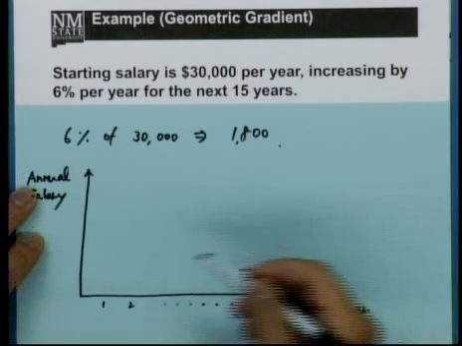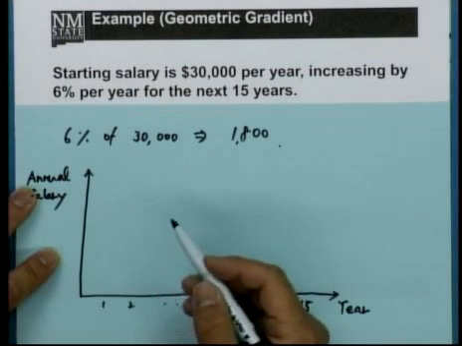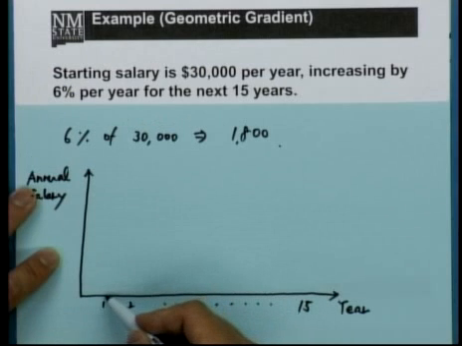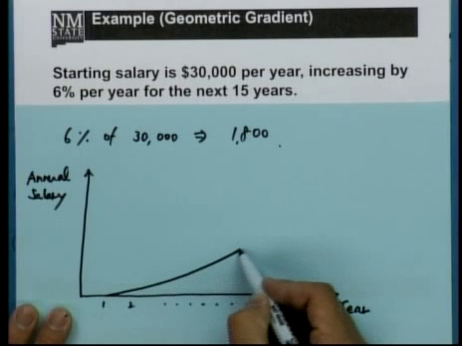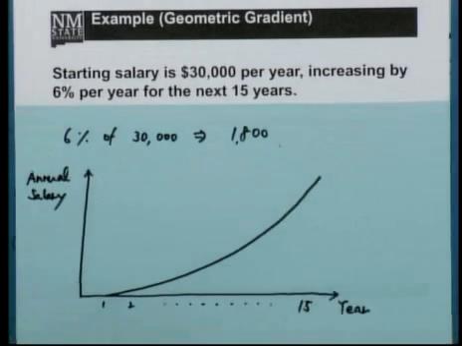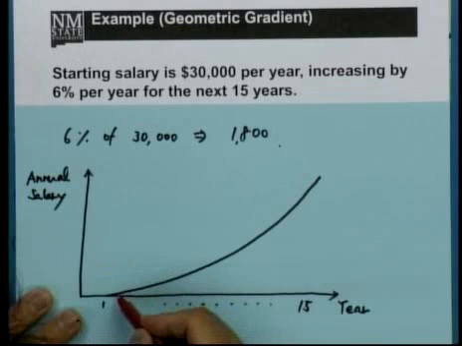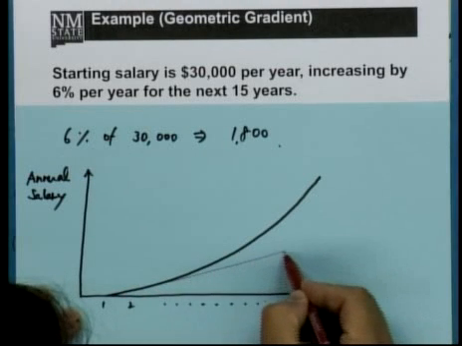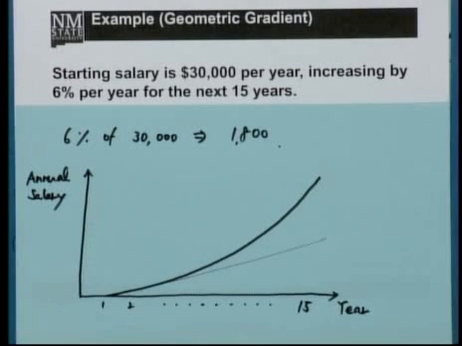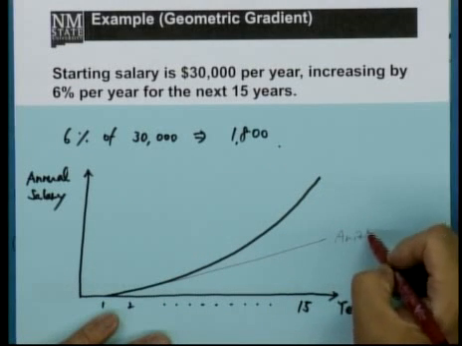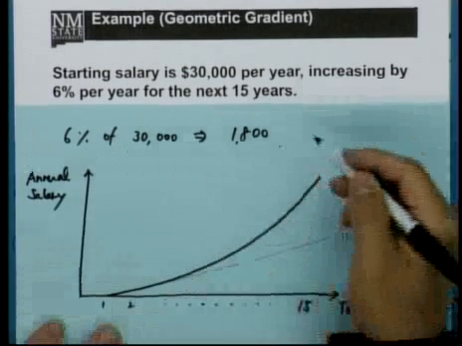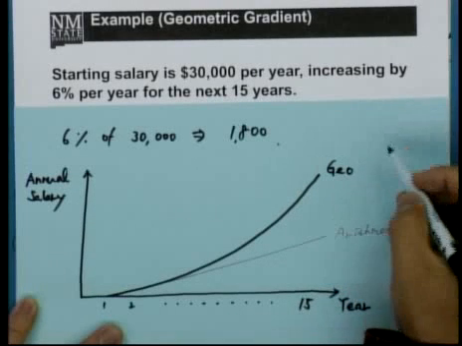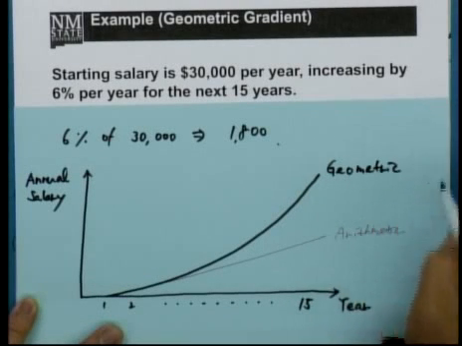And basically the geometric series would be something like this. While the arithmetic series would be something like this. Okay? So this is the arithmetic series, and this is the geometric series. Okay?